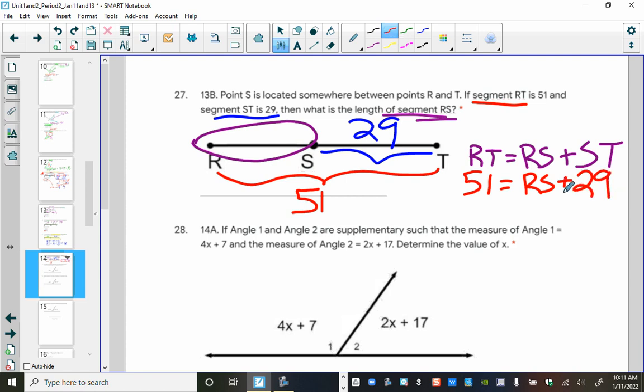You have to subtract 51 minus 29. And if we do that, what do we get? 22.